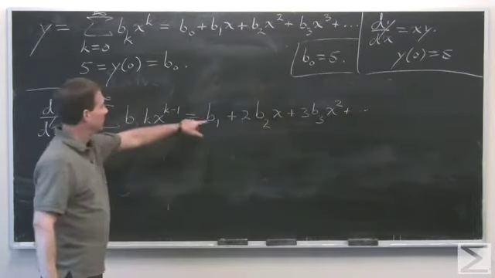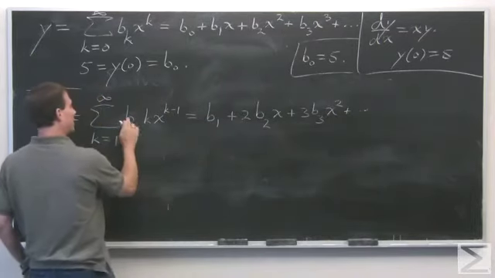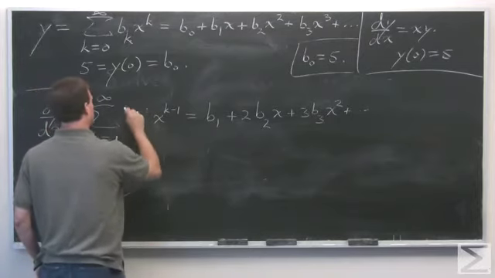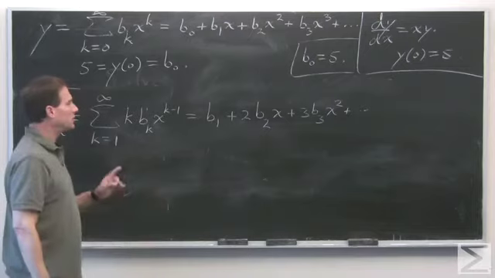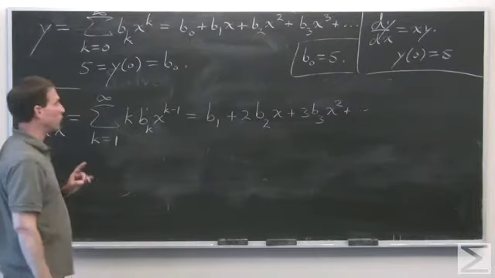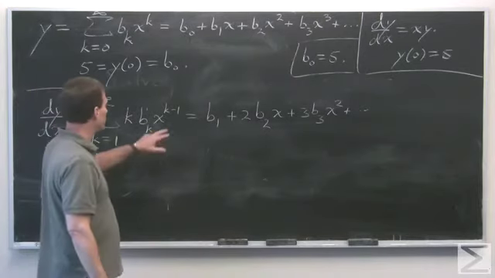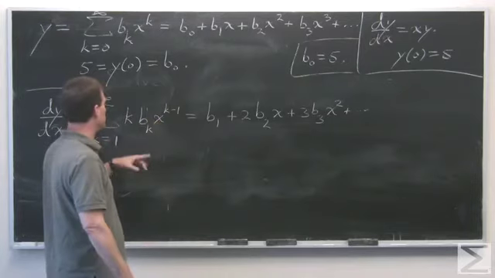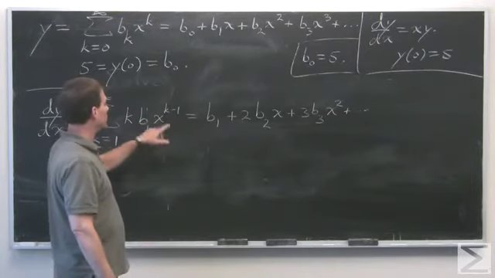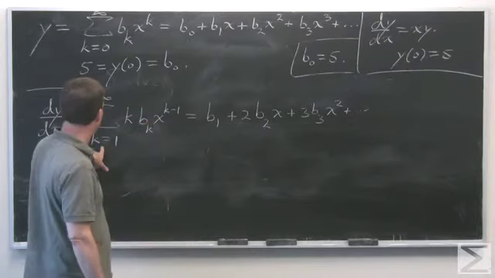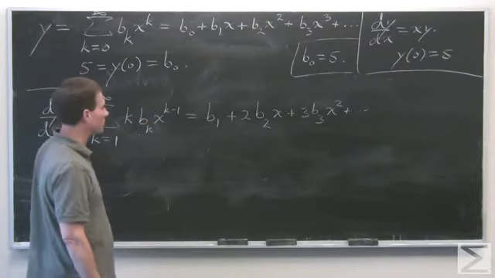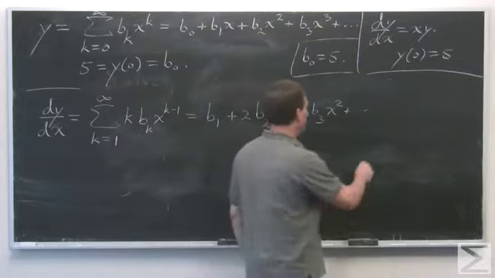I guess when I wrote it like that, I put the k here and the bk over there. So to make it match that, I could write that. It's going to be helpful for us to re-index this. So to call k minus 1 something so that we have just x to the j, and also so that this will start at 0. That will turn out to be helpful.